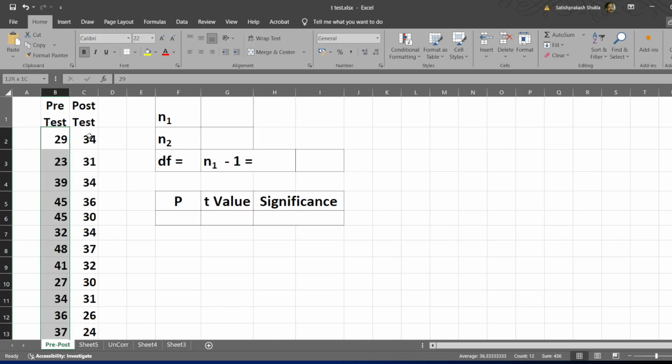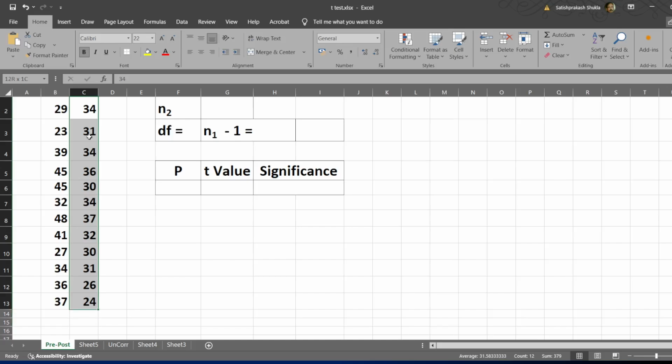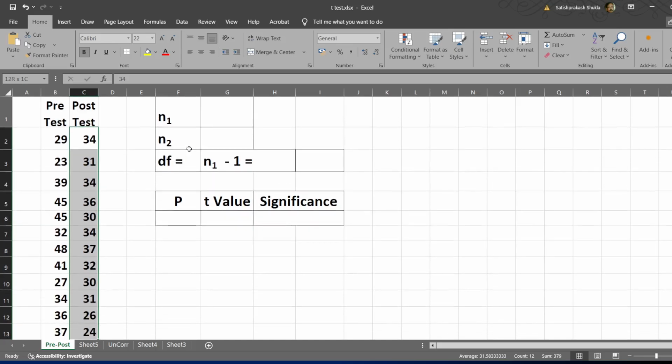So from cell B2 to B13, the scores of pre-test are entered. In the same way, the range of post-test scores is C2 to C13.